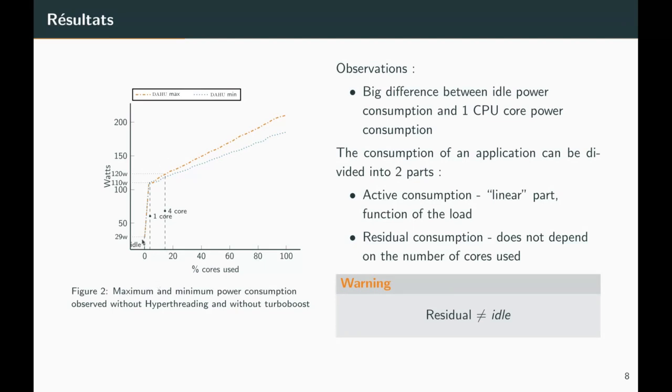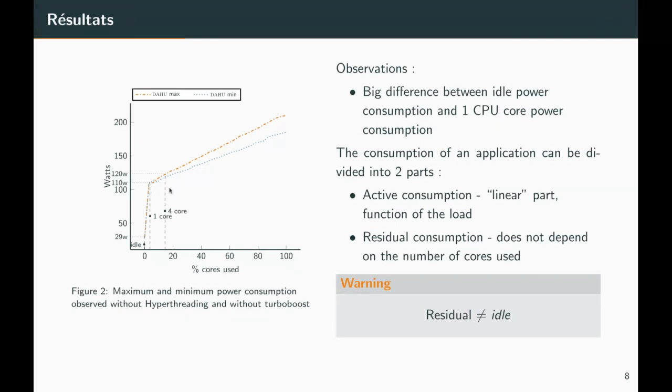When we start our first program using one core, there's a jump in the energy consumption because the CPU is waking up. It wakes up at 110 watts, and then from this point, when we go from one core to all the cores, loading all the units in the processor, you will see a linear energy consumption that depends on the activity.